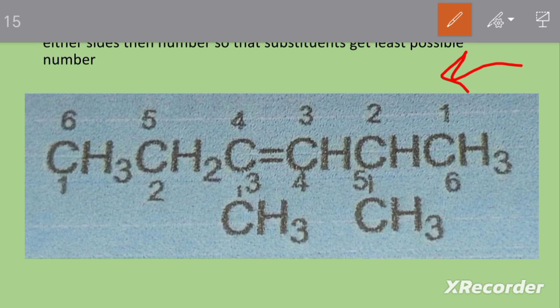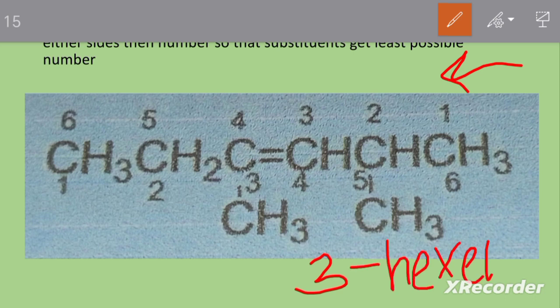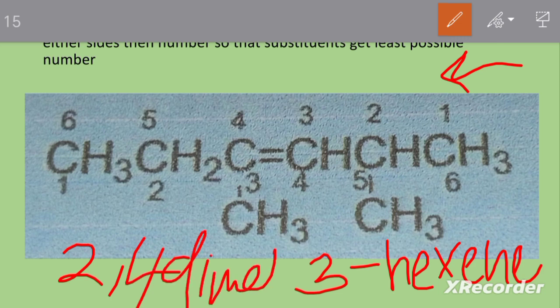That way we get the third carbon having a double bond, so that is 3-hexene, and 2 methyl groups are attached to the second carbon and the fourth carbon. 2,4-dimethyl-3-hexene.